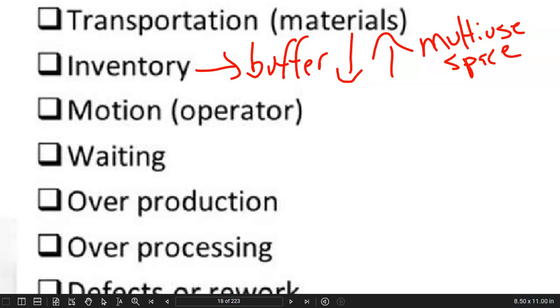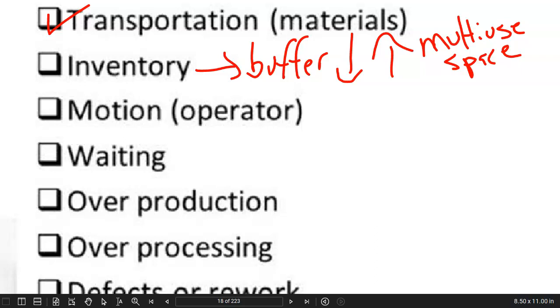And when you have the material on hand and the right amount of that material, but you can't find it because of a disorganized inventory storage area, that's also wasteful. So take a look at whether you have too much, too little, and the space that's being used to hold that inventory waste.